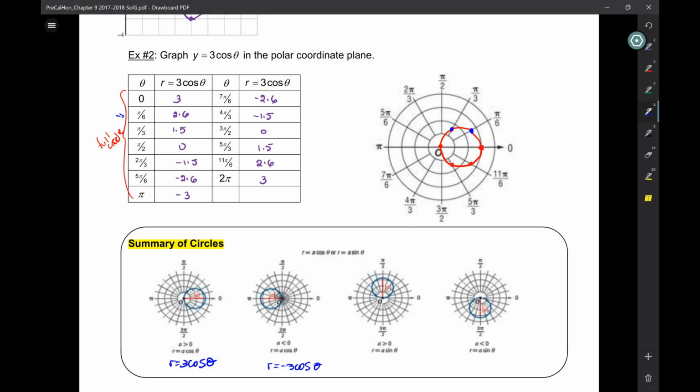Now, when is sine a maximum? At what angle? Pi over 2. Sine is a maximum at pi over 2, right? So the maximum is going to be over here. So look, the maximum is going to be over here. Okay? So that'll be like 3 sine theta. And if it's negative, then it's just going to move down. Okay?